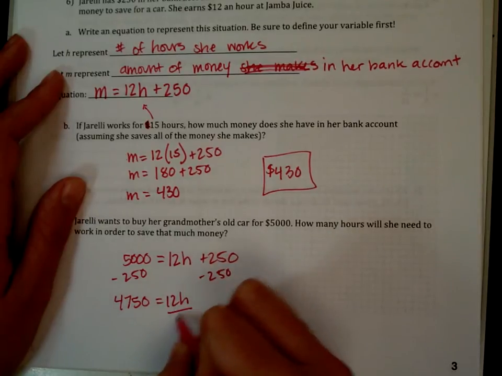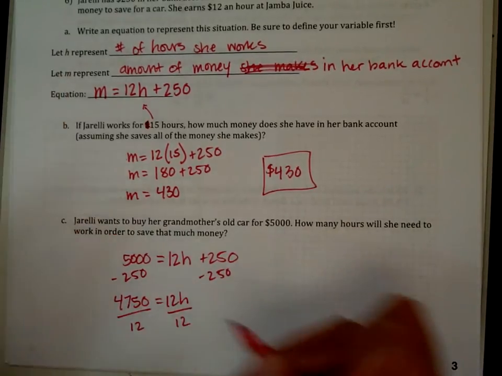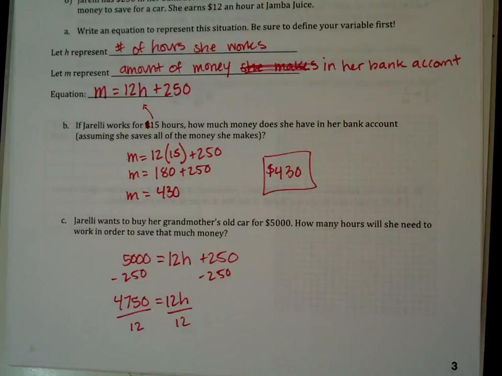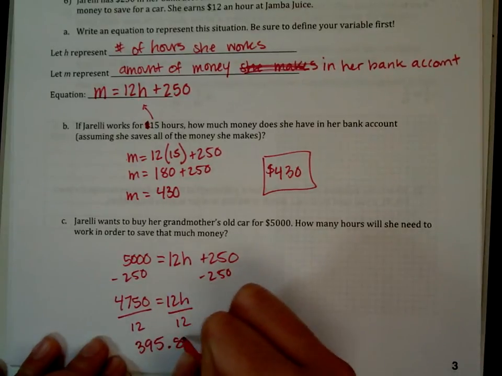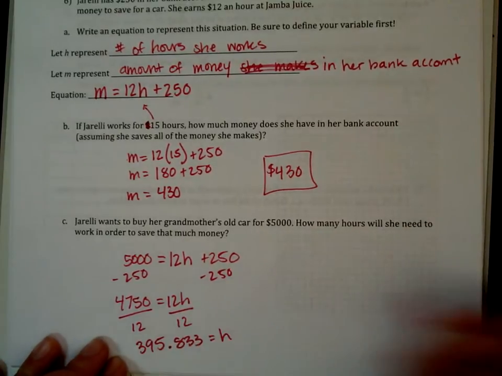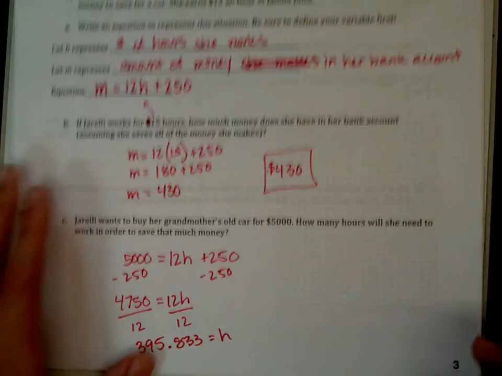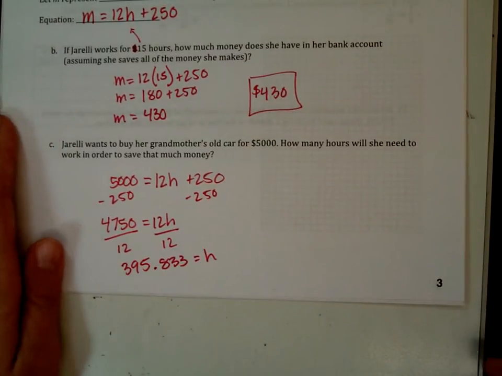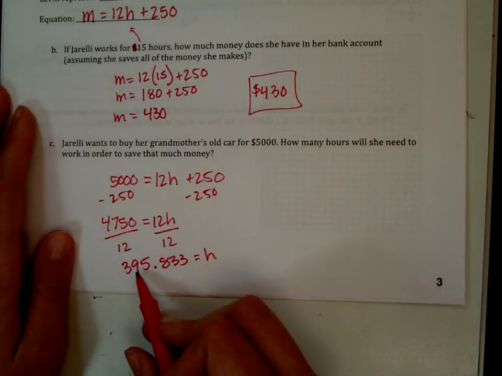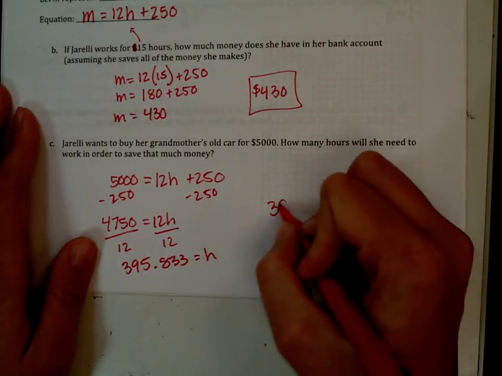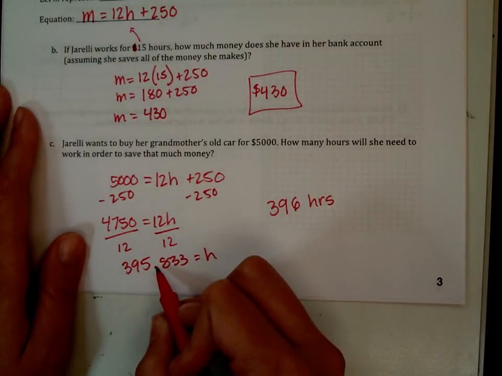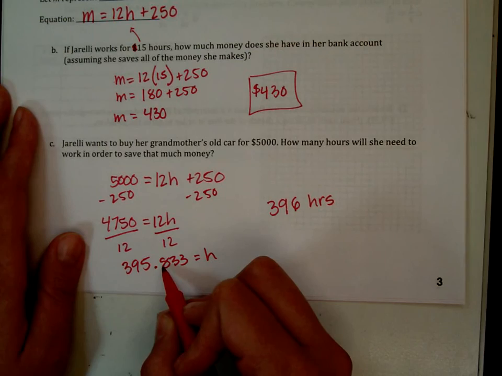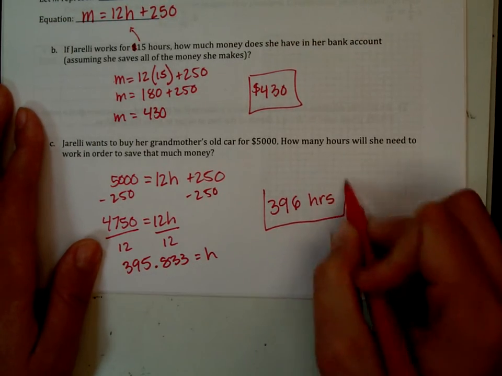Then we divide by 12 on both sides. 4,750 divided by 12 is 395.833 hours. So she would need to work 396 hours, because I rounded up, because if she works 395 hours, she won't get enough money. She has to work 396 hours.